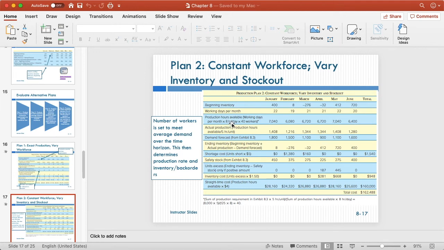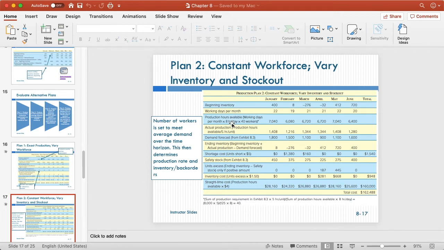Since in this strategy the workforce itself is constant, naturally you will have the question: what is the corresponding workforce level? How many workers do we need for every month?